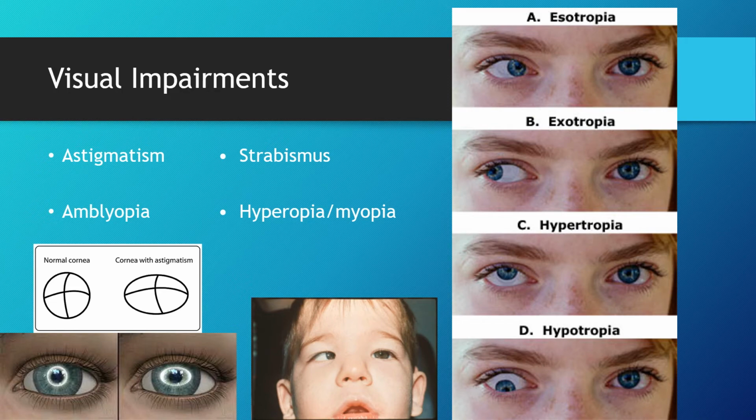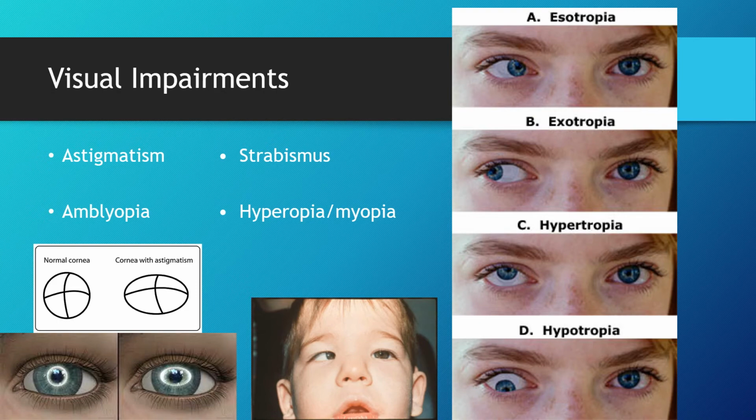And you can see pictured there that normal cornea and then almost that football-shaped cornea with the astigmatism. Strabismus is that cross-eyed, so that's misaligned eye. The eye muscle has an imbalance. Successfully treated with vision therapy, corrective therapy should start relatively quickly.